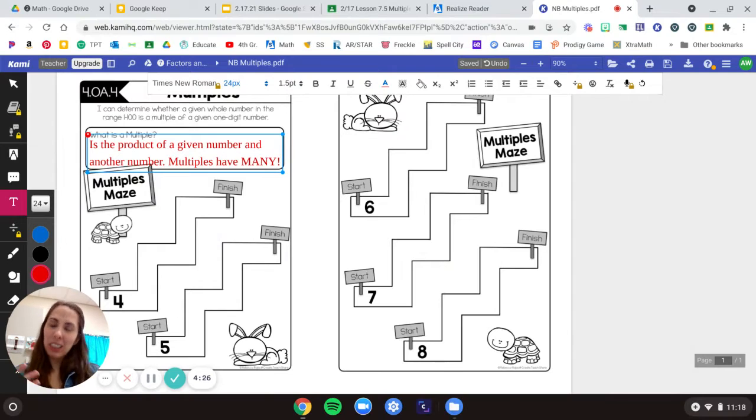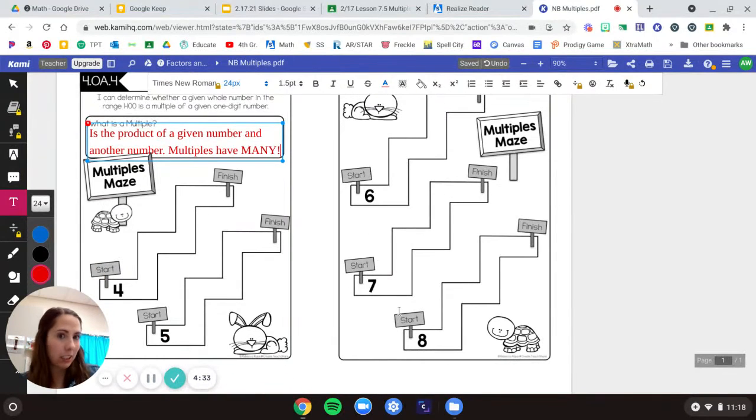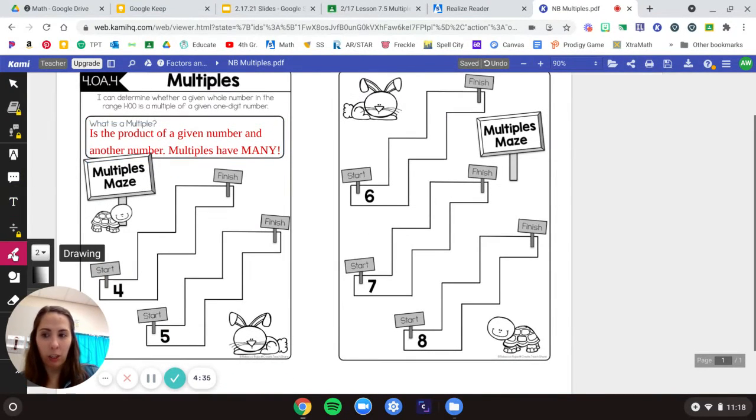Okay? So what we're going to do is I'm going to show you how to do 4. I want you to try 5 with me, and then I want you to work on 6, 7, and 8 on your own. So let's take a look at 4 first. So to find multiples, all I do is start and I think through my multiples of 4.